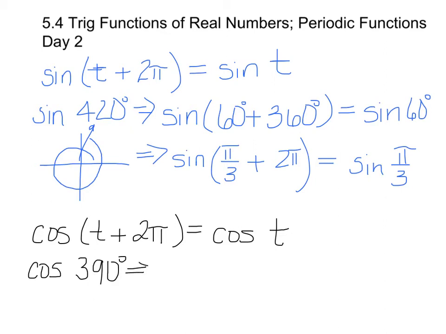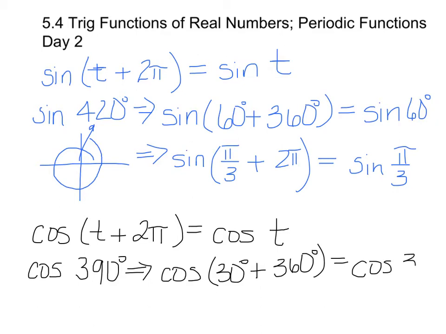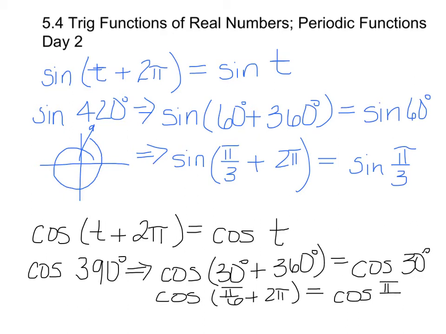So to break it down, we're actually doing cosine of 30 plus 360, which is the same thing as finding cosine of 30 degrees. And if you want to do it in radians, it would be cosine of pi over 6 plus 2 pi, which is the same thing as finding cosine of pi over 6.